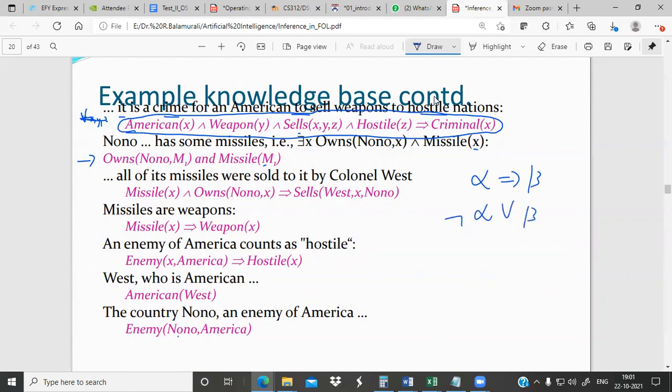Here, if you add a not, then everything will become not. Only this criminal will be or.